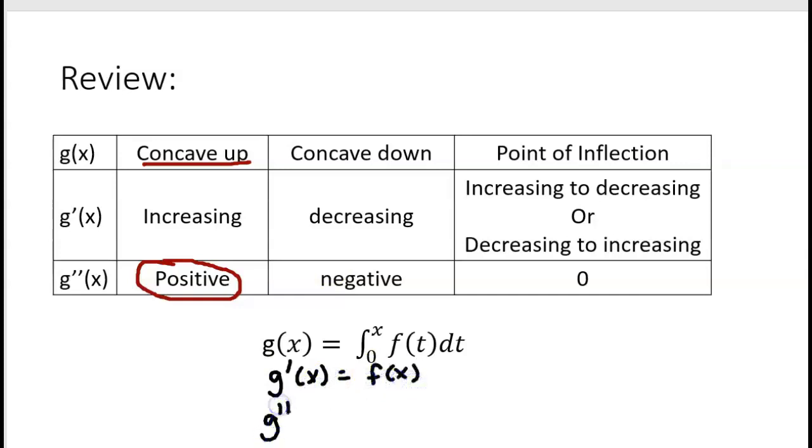So g double prime is the derivative of f prime. Now, today, since we're going to be looking at a graph of f prime, when would f prime have a positive slope? Because that's what this would be. This is the slope. Actually, let me back up a little bit. This is the slope of f prime.